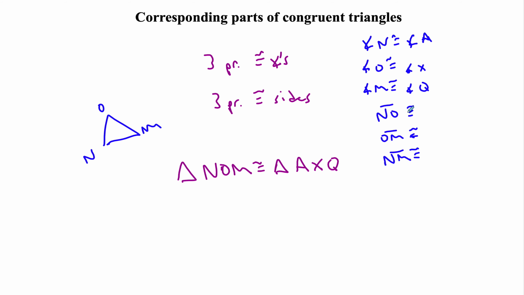So that would mean AX, first two letters to first two letters, OM, second two letters to second two, so XQ, and then first and last, NM to AQ. So if you have a congruent statement like this, you can figure out exactly what's congruent to what, because we follow the same method for naming the triangles.